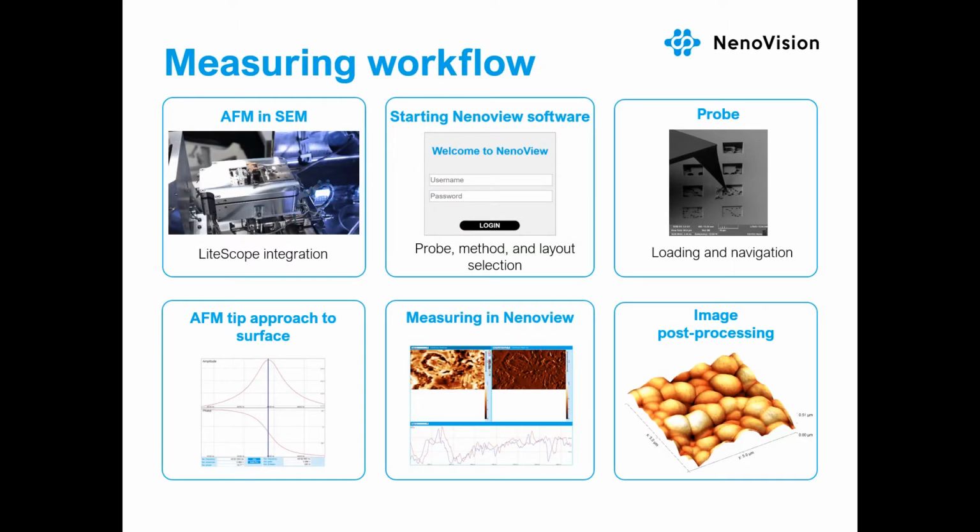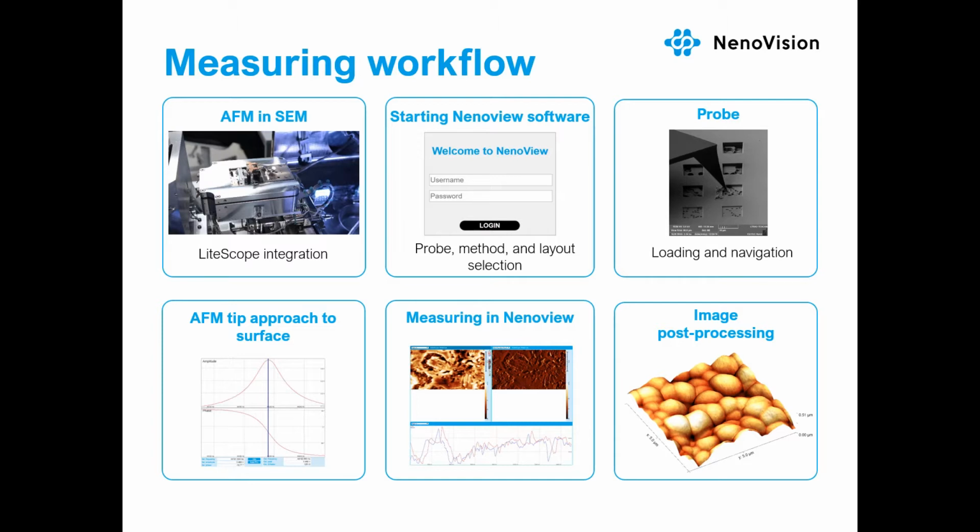Here, I would like to quickly go through the measuring procedure, which we will later discuss in more detail. First, if we would like to measure in SEM, we place the LiteScope inside the SEM chamber. Otherwise, we can also measure just AFM techniques on the table, as in today's measurement. Further, we start the NanoView software, choosing the layout according to the selected probe and the technique.